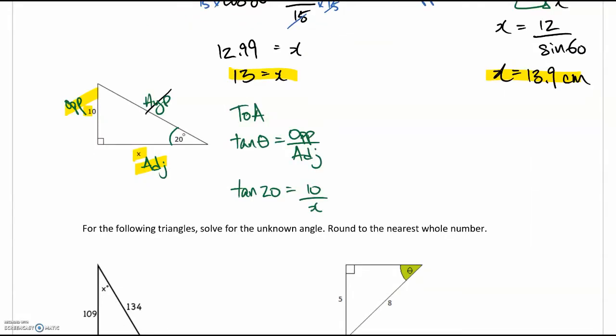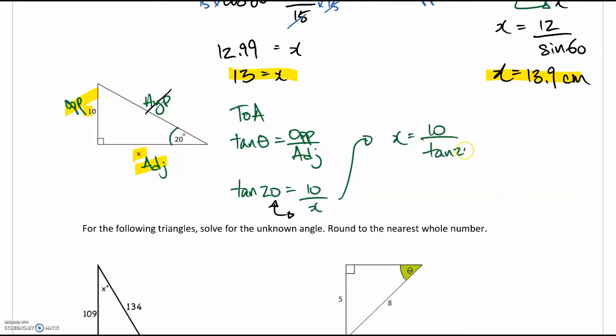Well, did you do this much? Hopefully you did. Labeled, chosen TOA or tan, subbed in, got something that looks like this. Let's just take it home right now. I'm going to switch with the monkey wrench, and this will now look like this. If I draw a little arrow here, x is equal to 10 divided by tan of 20, because that whole tan 20 goes underneath.